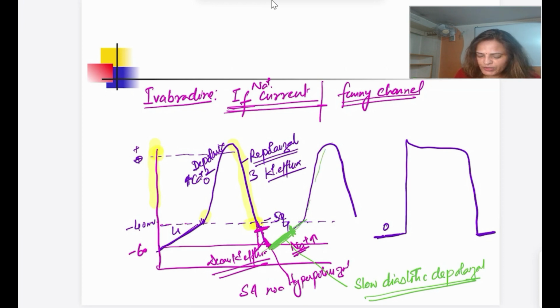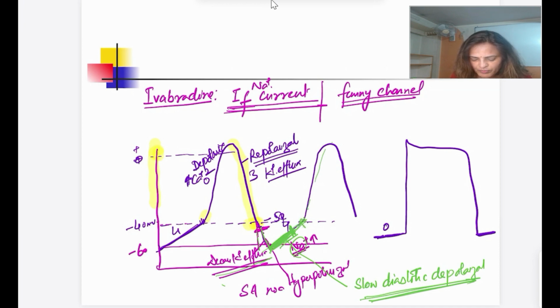Here this is a pre-potential, you can say, before the potential. Before the wave comes here, this is a slow diastolic depolarization. Now the initial part is because of the decay in the potassium efflux. Then instead of going this way, once there is a decay, there is an opening of the sodium channel and sodium influx will be there. Then it is moving towards less negative.